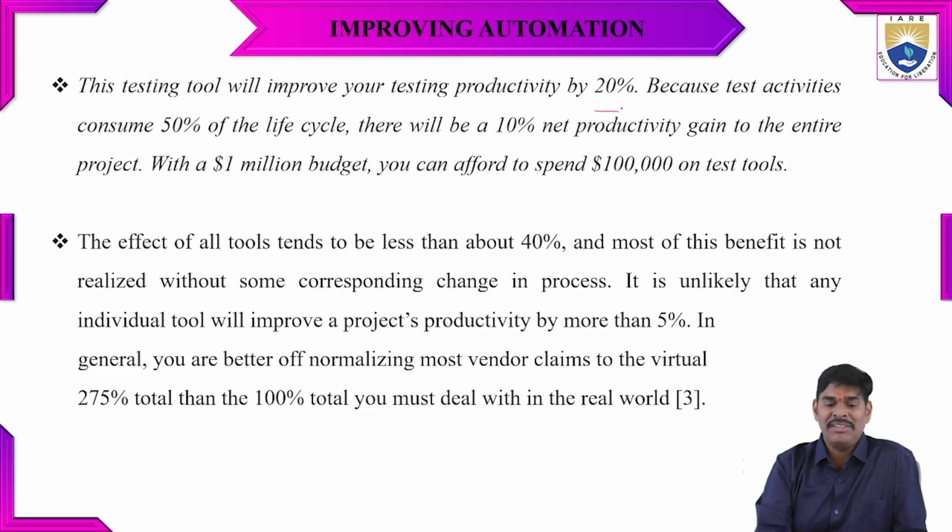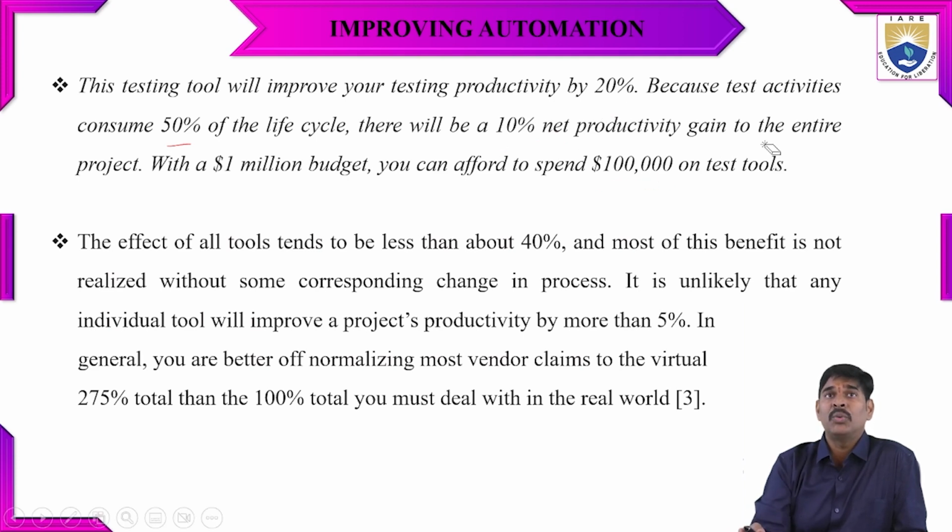And this test activity consumes 50% of the life cycle and produces a 10% net productivity gain. So overall, within a $1 million budget, we can spend $1 lakh on test tools here. So here the cost and the time will be minimized.